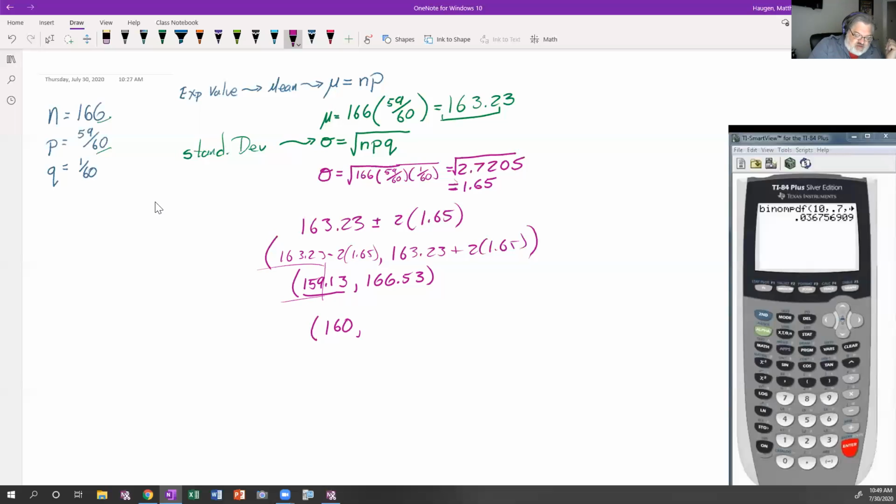Again, on the other side, the 166.7, or 0.5, sorry, is 167 unusual? If 167 is unusual, what's the boundary for our usual range? 166, regardless of what that decimal is.